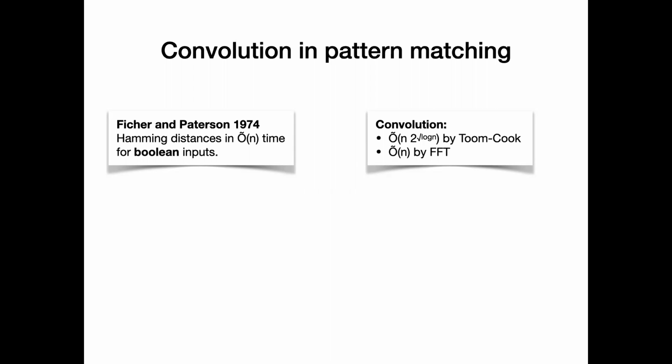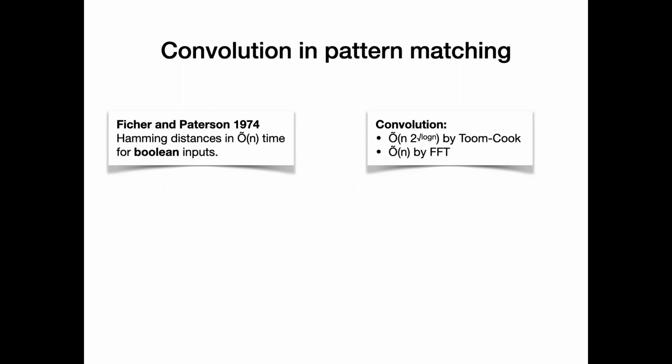But convolution, or polynomial multiplication, or large integer multiplication, we all know it can be done in almost n log n time by FFT. If you don't want to reduce it to Fourier transform, there is a Toom-Cook algorithm, n·2 to the square root of log n.